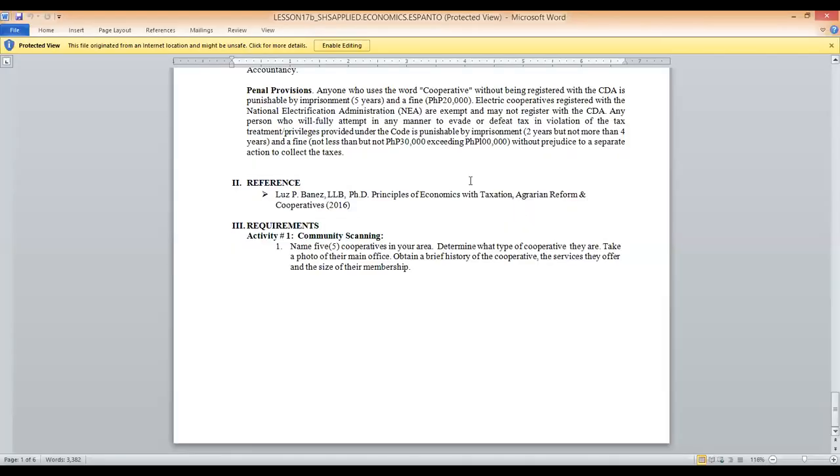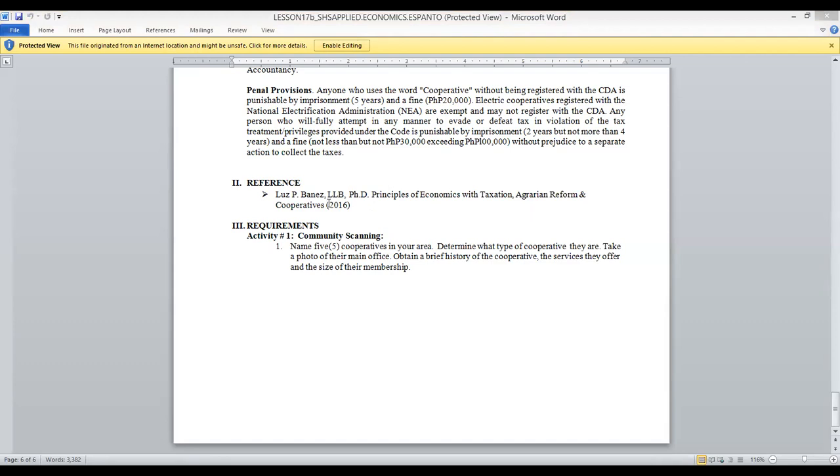So that is our discussion regarding cooperatives. If you have any questions, or if you want to know more about cooperatives, beside the video I have shown in our PowerPoint presentation, kindly refer to your handouts or PDF files and to our references. We have Principles of Economics with Taxation and Agrarian Reform Cooperatives by Luz P. Banyas.